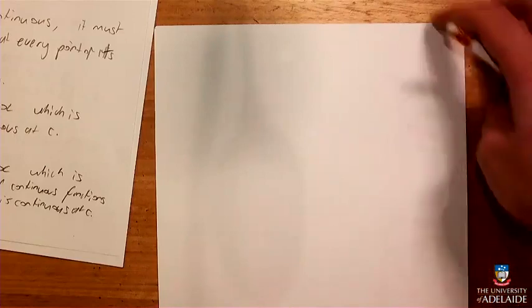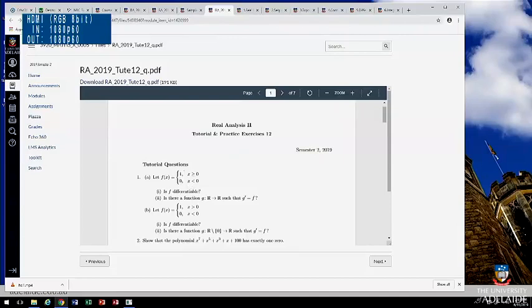That's not differentiable at 0? Well, it's not continuous, so isn't there a theorem that says if it's not continuous, then it's not differentiable? Yeah. Which function are you talking about? Oh, the one that was in the tutorial. The one that was 0 on one side and 1 on the other. This one here. Yeah.